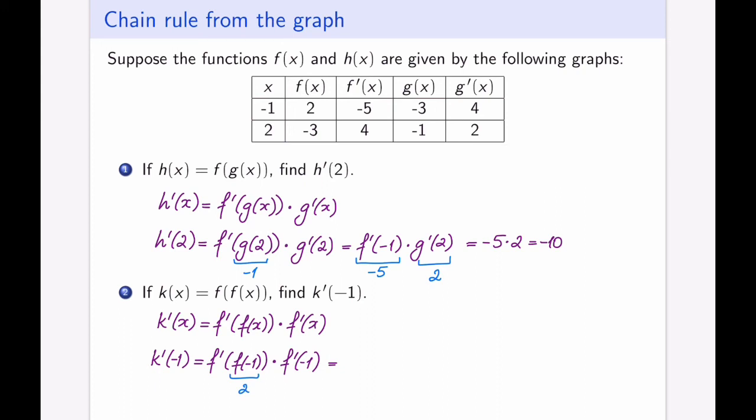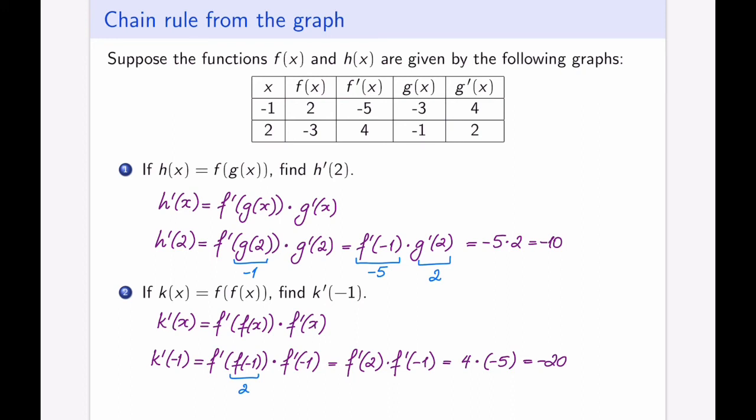So what I'm going to have is f prime of 2 times f prime of -1. And computing these two values from the table, I will notice that I get 4 times -5. Make sure that these numbers are correct, and you can in fact find them within the table. And so, of course, multiplying the two together, I'm going to get a -20.